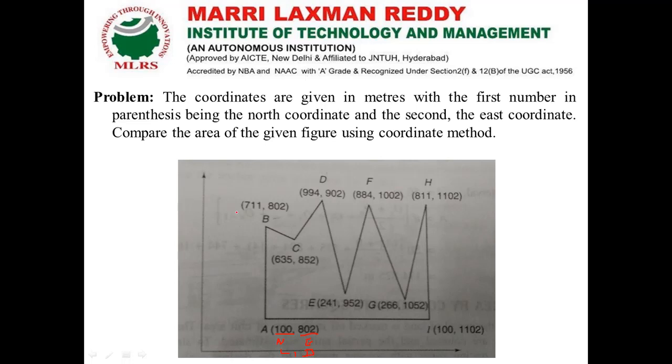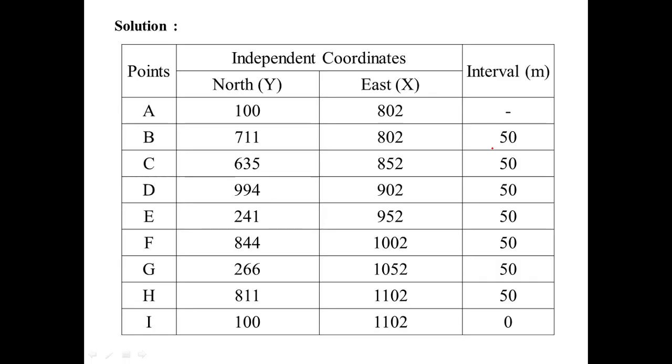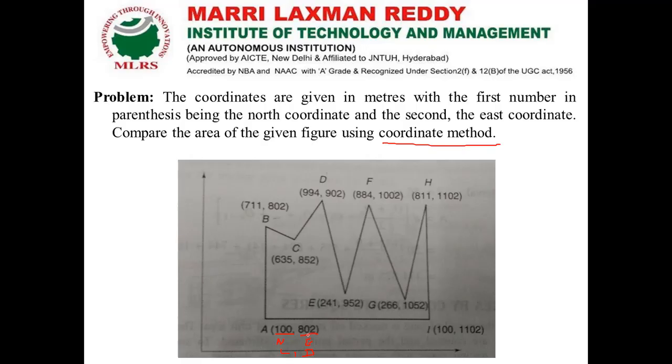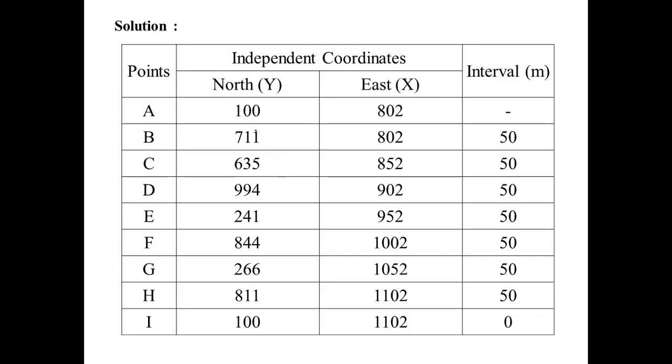So this is our latitude and departure of the lines. For each point we have like that, and now we have to calculate the area using the coordinate method. Let us move on to the problem. The north and east coordinates that they have given, we have written in the form of a table. Now the interval has been calculated.